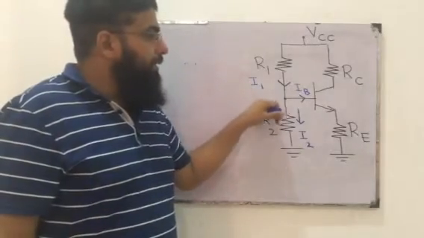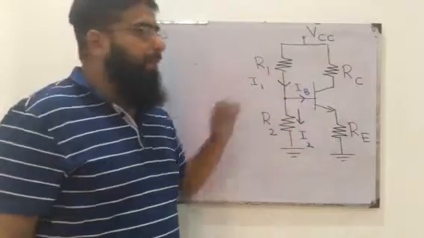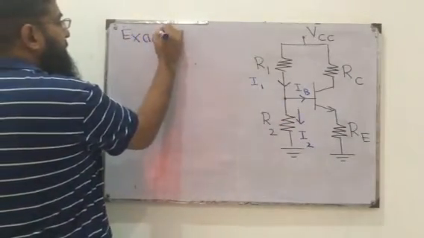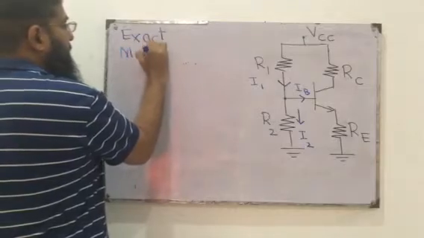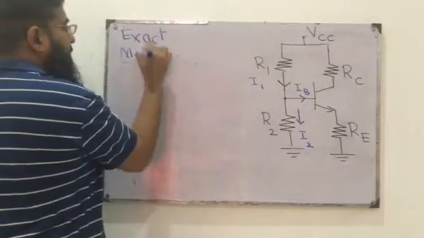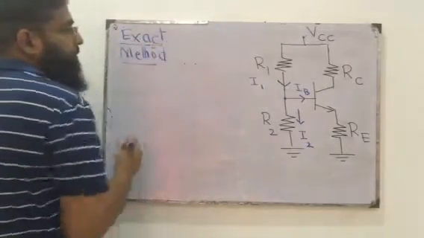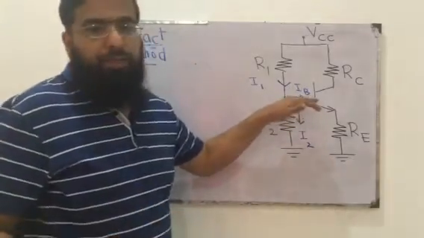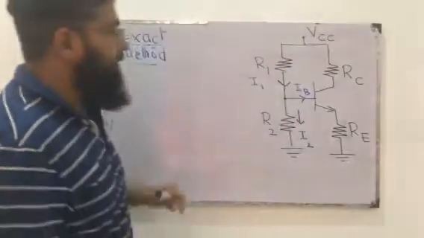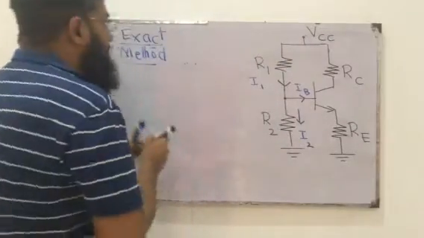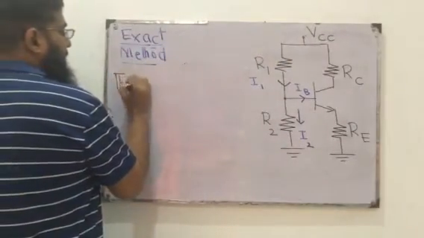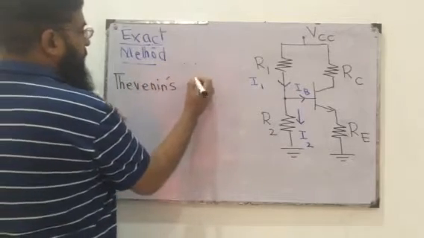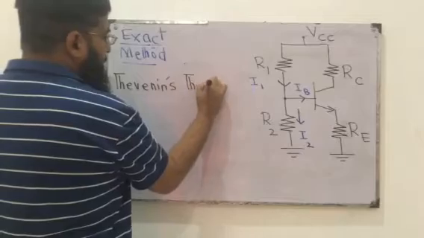So I1 is split into I2 and IB. For the sake of the exact method, we'll consider IB to be non-zero, and we'll apply our famous network theorem, Thevenin's theorem.